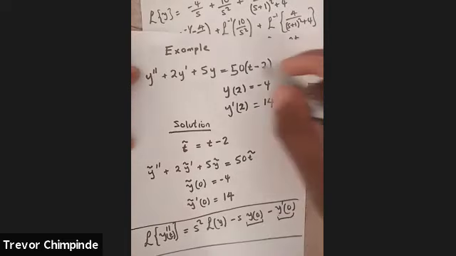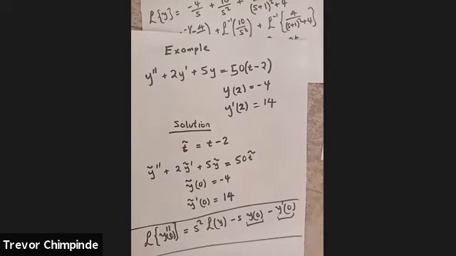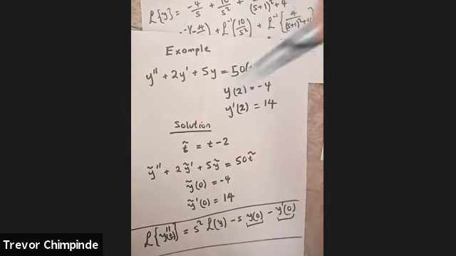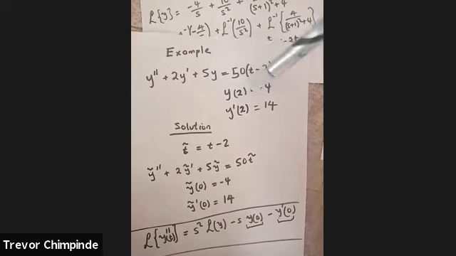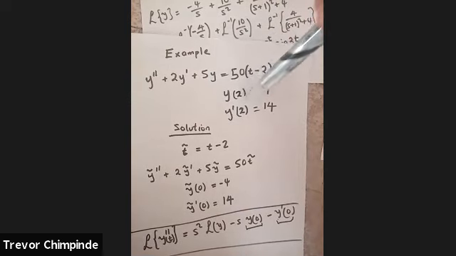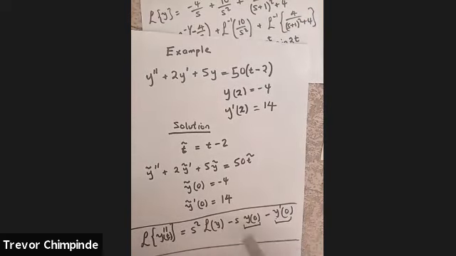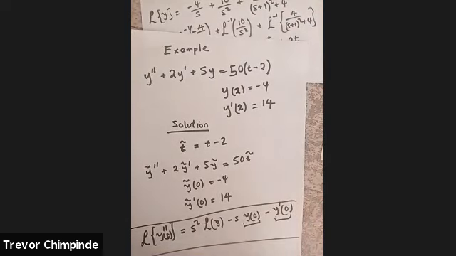Okay, so this is the first page, the original problem. What we notice is that this is an ODE with initial conditions, well and good. The only problem is that the initial conditions don't start at 0. We're not given y of 0 and y prime of 0. That is a problem because when we are doing the Laplace, the Laplace of a derivative is always expressed in terms of initial conditions of y at 0. So we had to make a substitution.